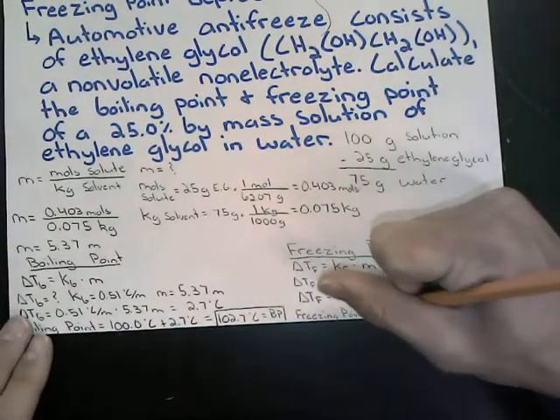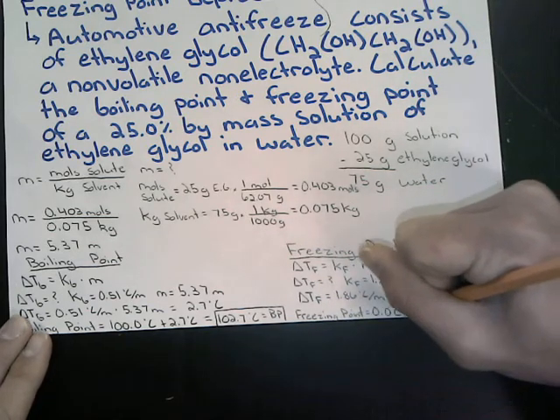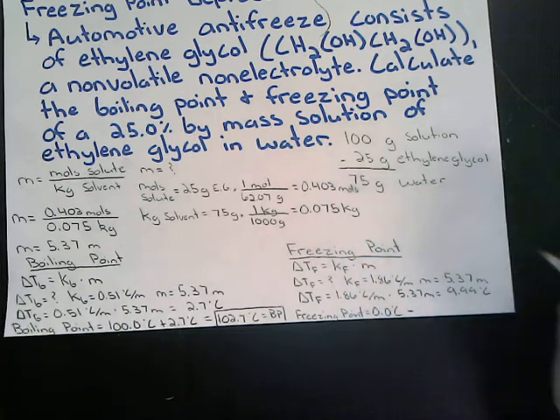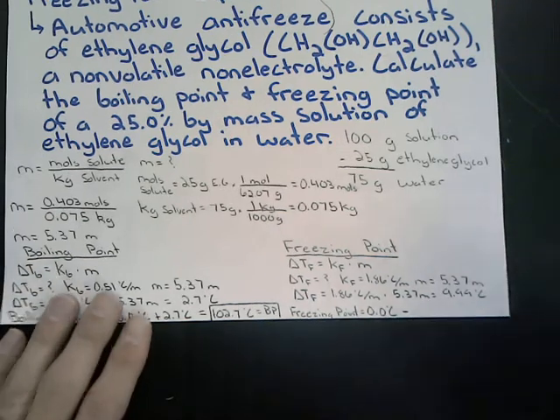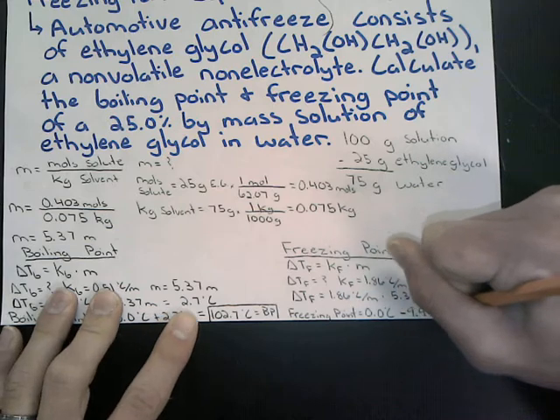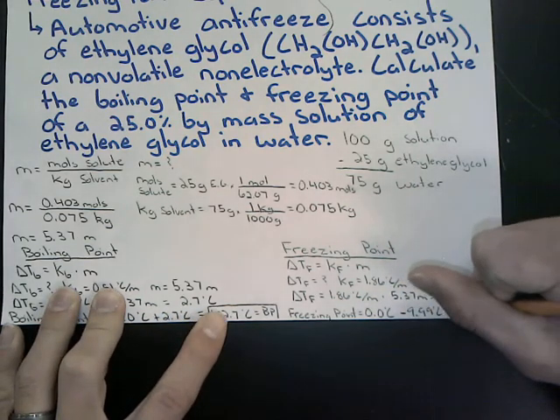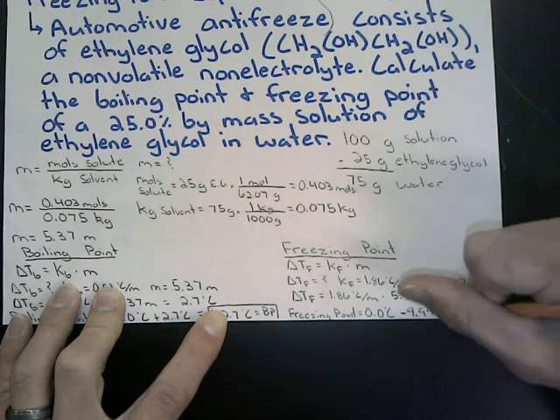We subtract that because it's the freezing point depression. And so when we subtract this value here, our new freezing point is going to be negative 9.99 degrees Celsius.